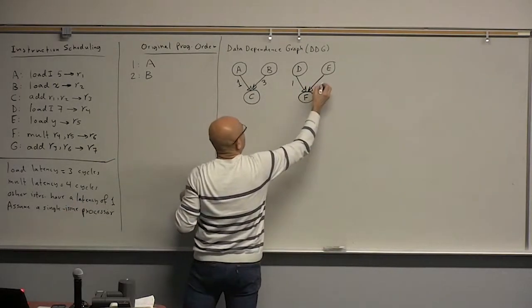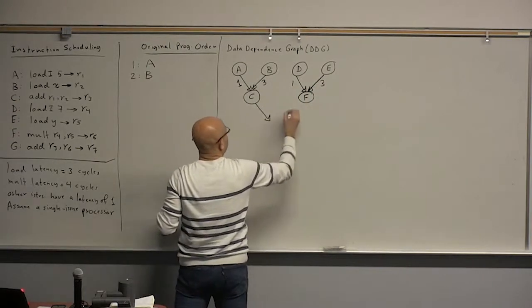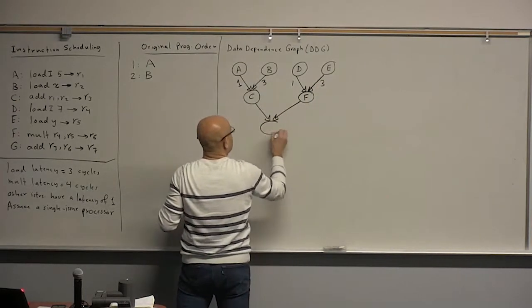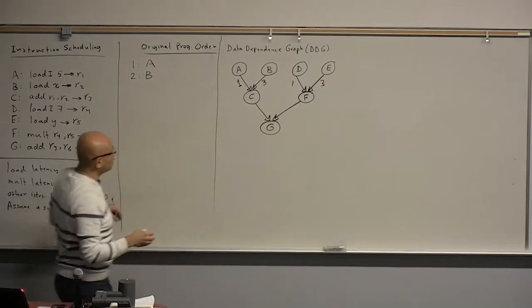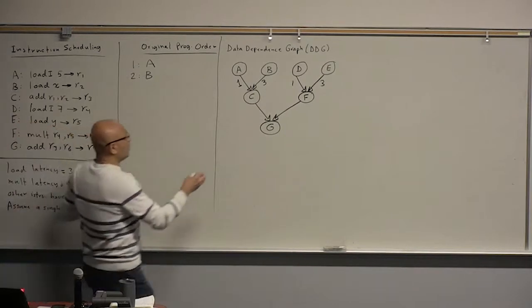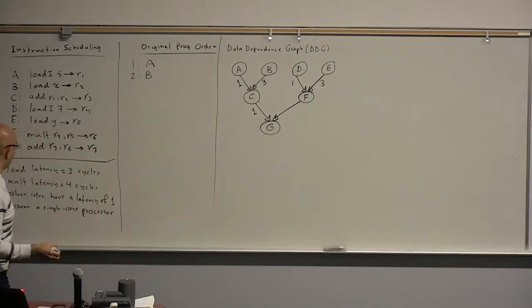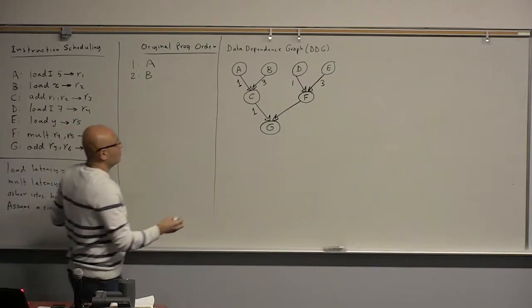Latency for E is 3. And then C and F feed instruction G. The latency of C, it's an add, so it's 1. The latency of F is a multiply, so its latency is 4.